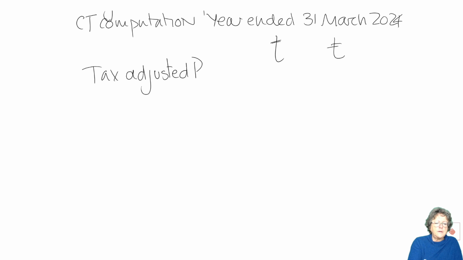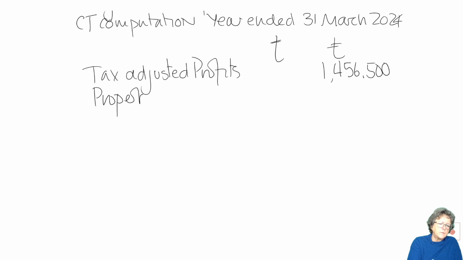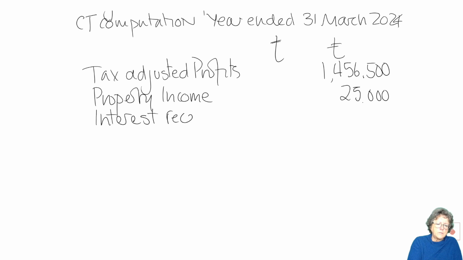You may have to do that in the exam and bring it down to this point. £1,456,500. We had property income of £25,000. We had interest receivable of £10,000.